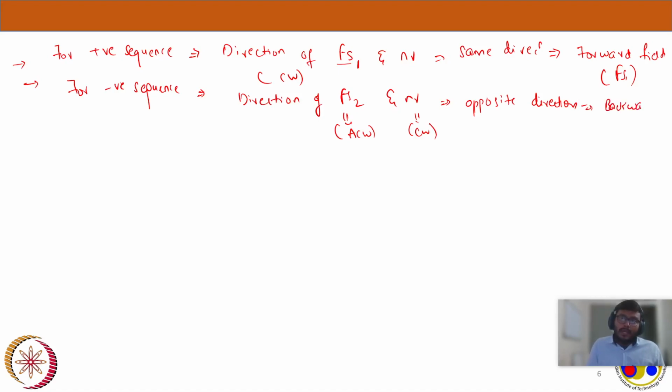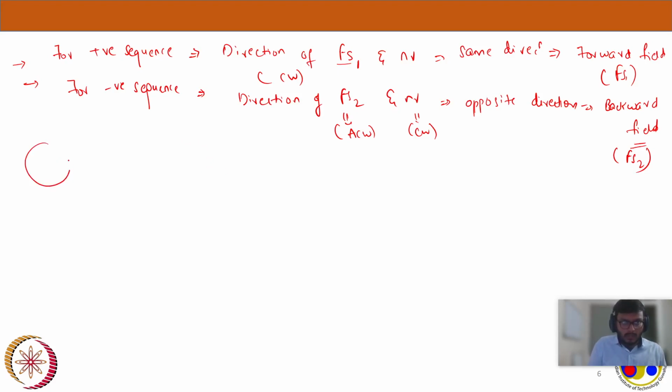So we are naming it the backward field. Now we will call Fs1 the forward field and Fs2 the backward field. Now, if we analyze these forward and backward fields, what is the slip in this condition, and what is the torque developed in this condition, we will see a very interesting discussion.